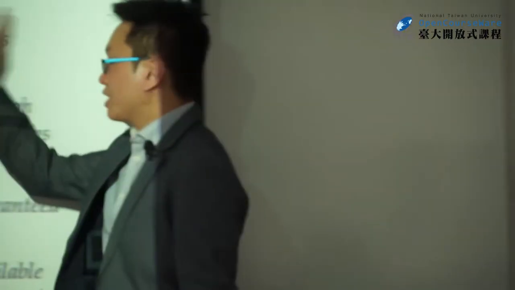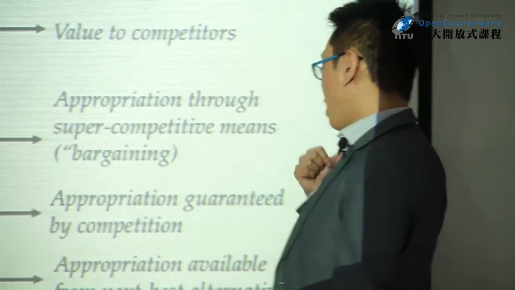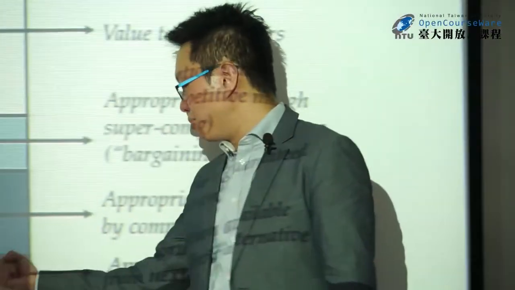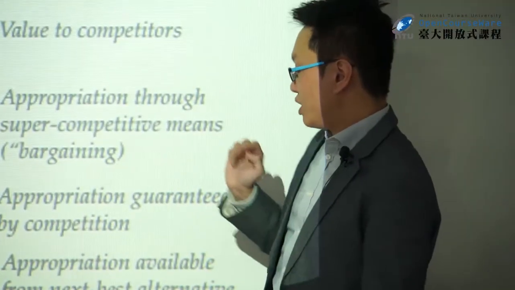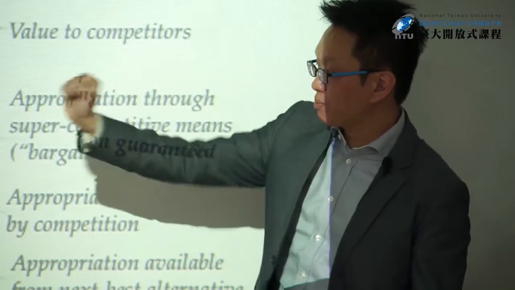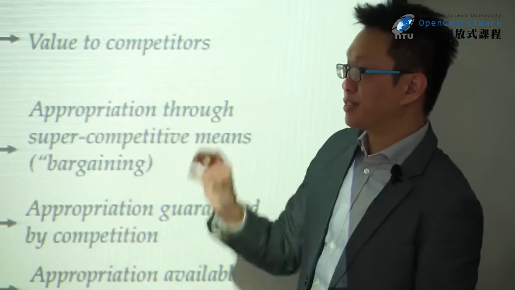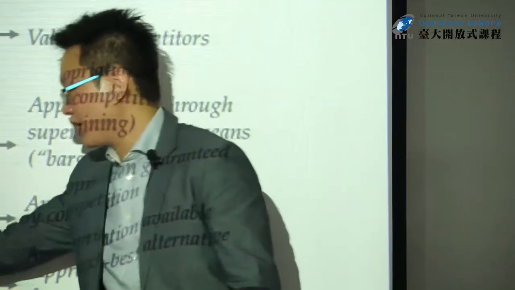We're back to this example. Competition decides how much value for rivals. Competition from the other ecosystem decides how much value you are guaranteed in this ecosystem if you stay. And different sellers, different suppliers compete for you to join their supply chain or value chain, which also guarantees your value.